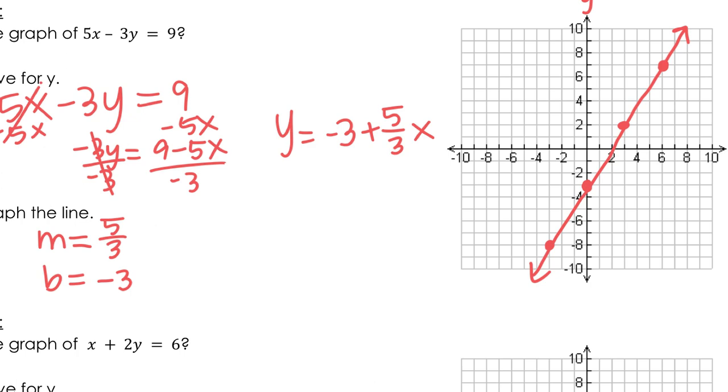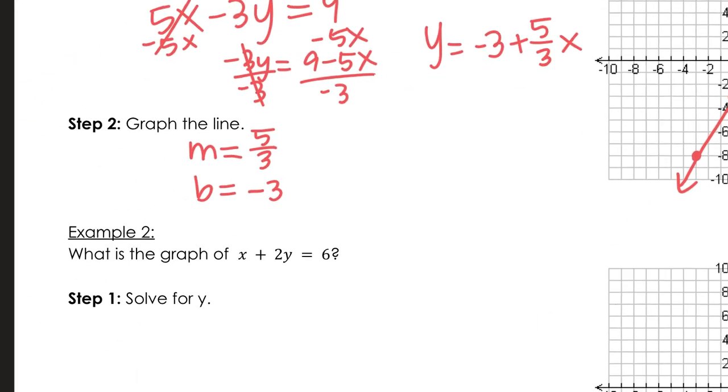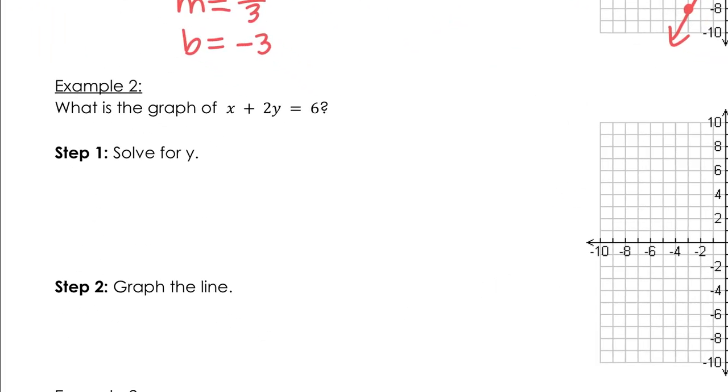All right, let's try that again on the next example. Our next one is x plus 2y equals 6. So again, our first step, we are going to solve for y. And if you want, we know that this is a 1x, so if you want to put that 1 in front of the x, please do so if that helps you out. To solve for y, we're always going to move the x first.